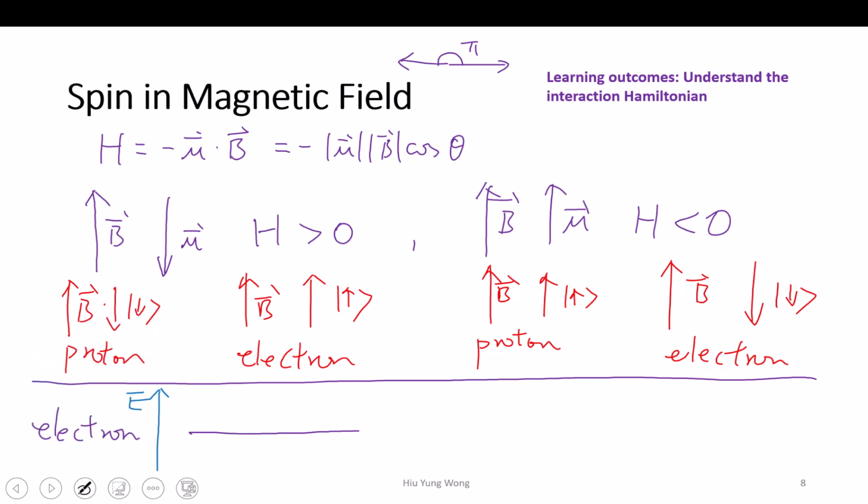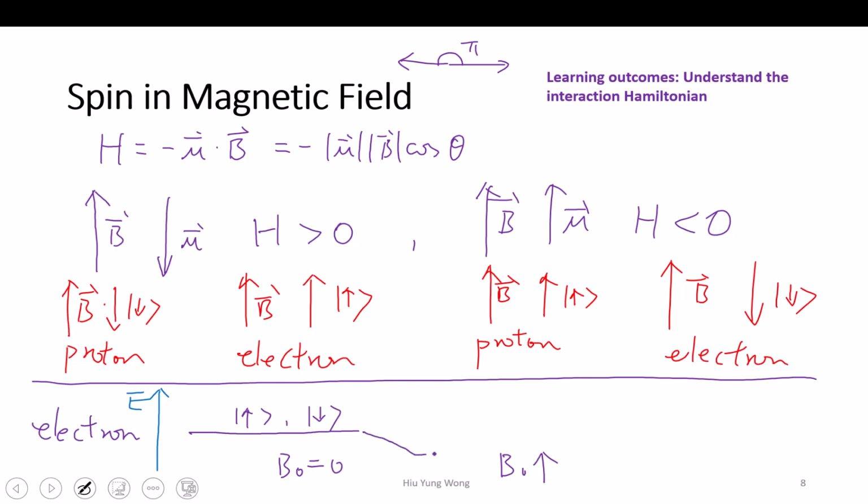If the electron is spin up or spin down, when there is no magnetic field, they have the same energy. Here it's trying to say the energy is the same, whether it's spin up or spin down, right? What happens if I have a magnetic field? I should say I have a magnetic field that is pointing up, right?